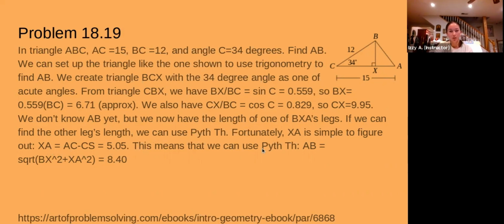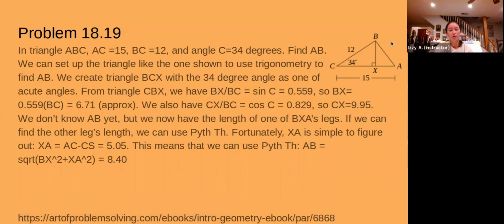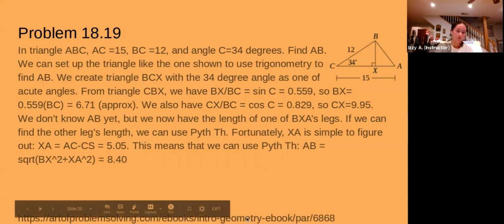This means that we can use the Pythagorean theorem to solve for AB, which is equal to the square root of BX squared plus XA squared. And finally, we get 8.4. Notice how we use trigonometry to identify the different values that we didn't know, so that eventually we can get to the value that we wanted to figure out.